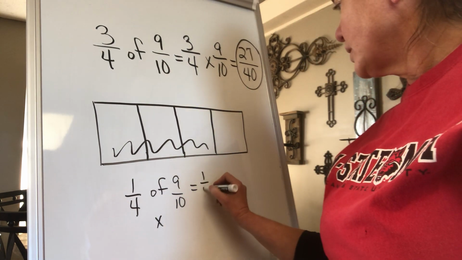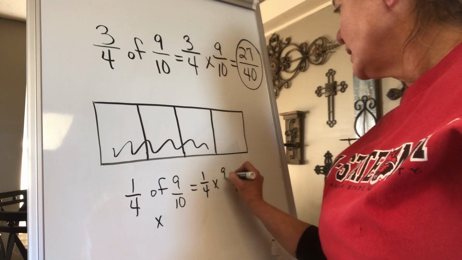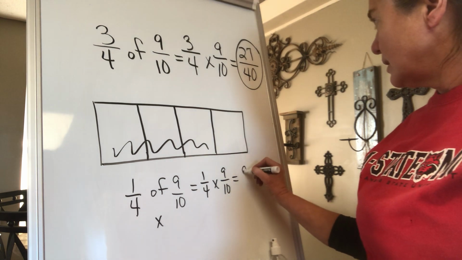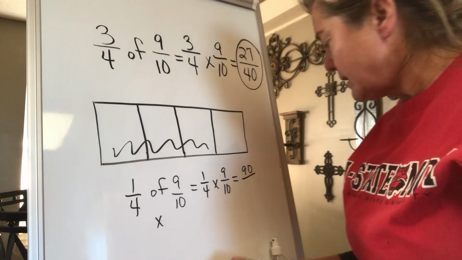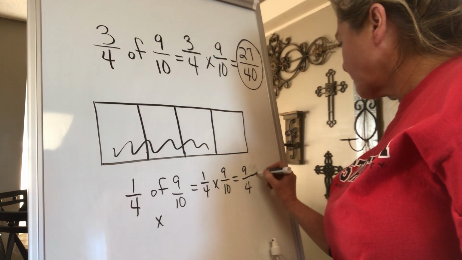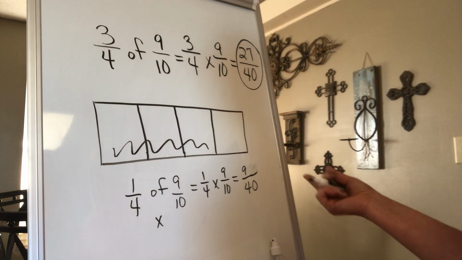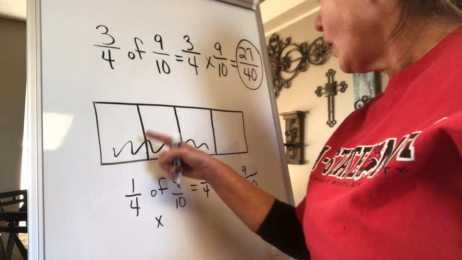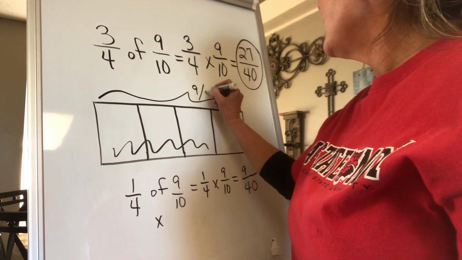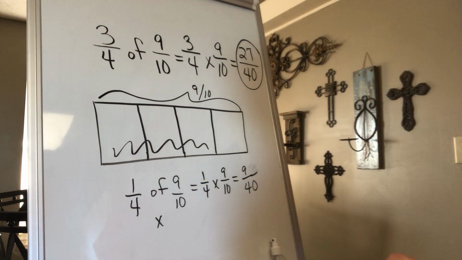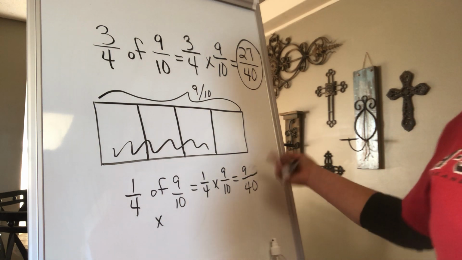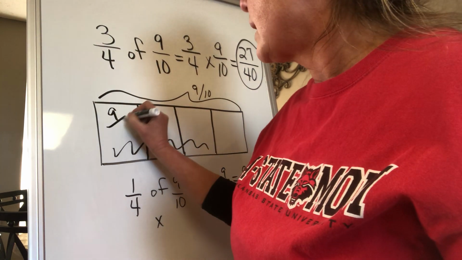So we would have 1/4 times 9/10. So we would have not 90, we would have 9/40. Okay, that makes sense, doesn't it? Because the whole distance that she ran is 9/10 of a mile, so it makes sense now that each fourth of that mile would be 9/40 of a mile.